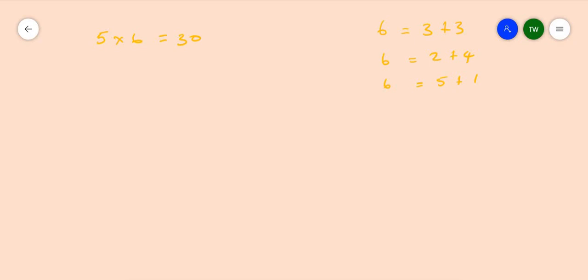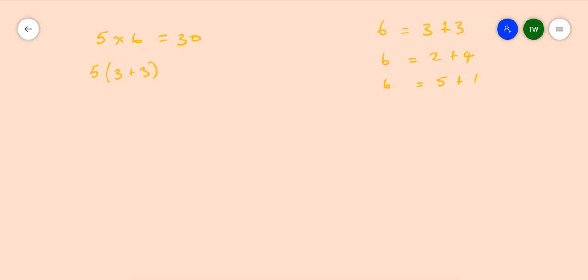Now, what if we want to take 5 to multiply 6 again, but this time we're not going to use 6, but we're going to use 3 plus 3? So we would have a bracket, and inside we have 3 plus 3.